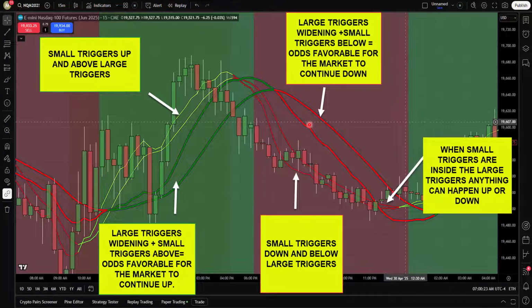If both triggers are crossed down and very much to the downside, you'll have the opportunity to look for short trades until price and the small triggers get inside your large, and that's where momentum starts to die. So that's basically a short version of how we're going to read support and resistance momentum-wise.